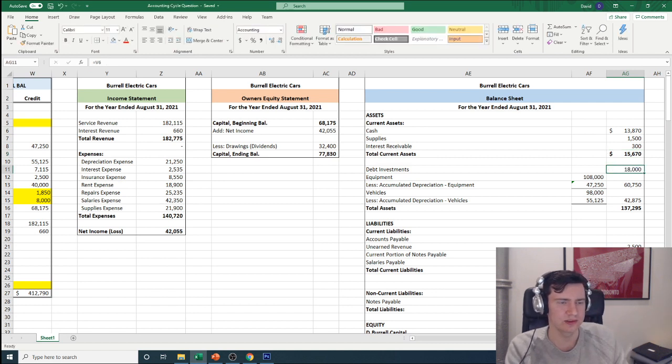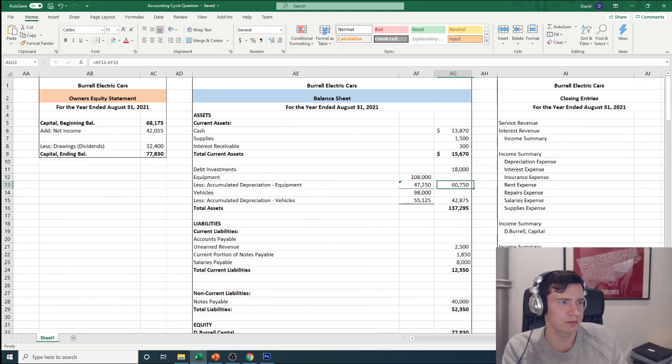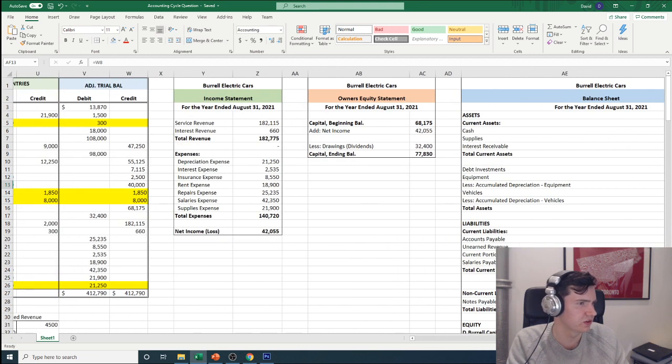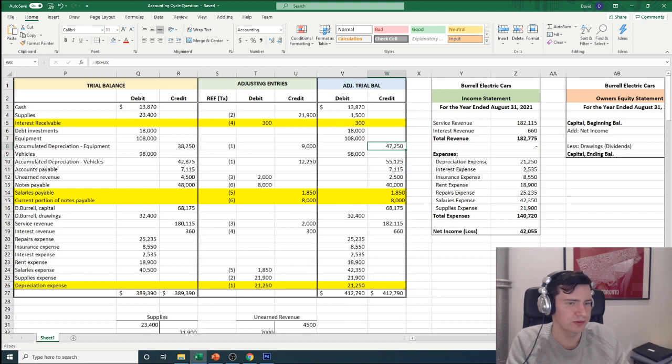So that references the 18,000. Debt, that's the equipment, yeah. Equipment is recorded at cost of 108,000. The accumulated depreciation on equipment is 47,250. Is that correct? Yeah, 47,250.